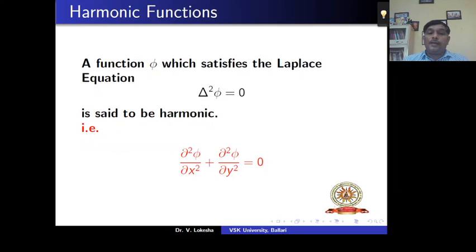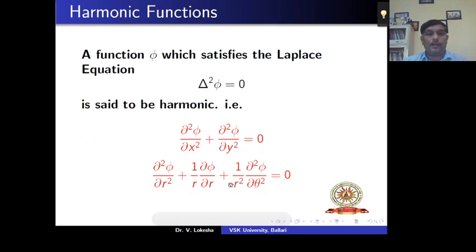We say that phi is a function of x and y, and then del square phi is the same as this one. And in polar coordinates, if the function phi is a function of r comma theta and satisfies this equation, then we say that it is harmonic.